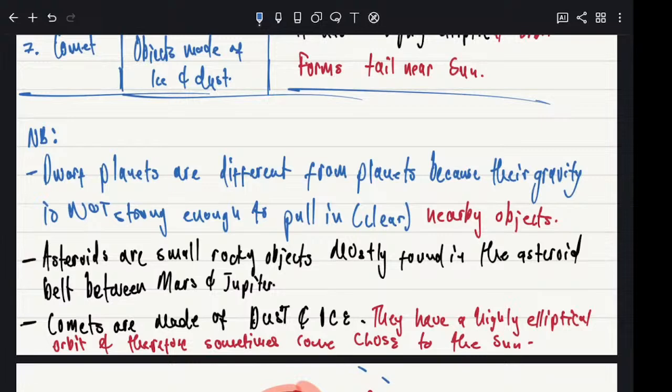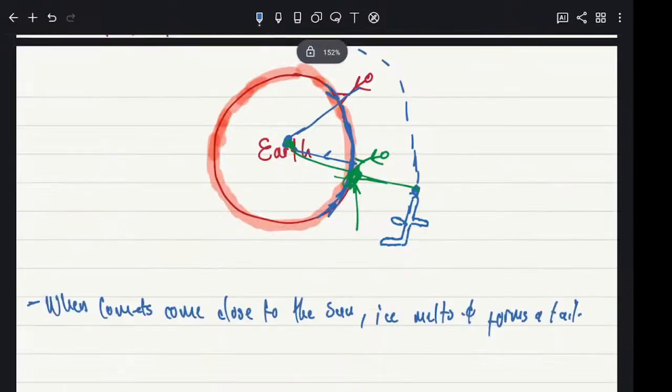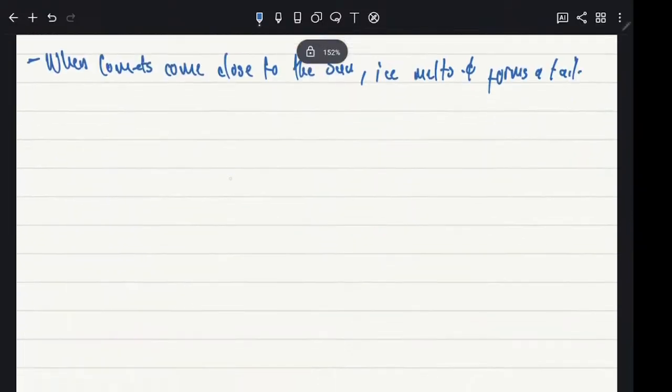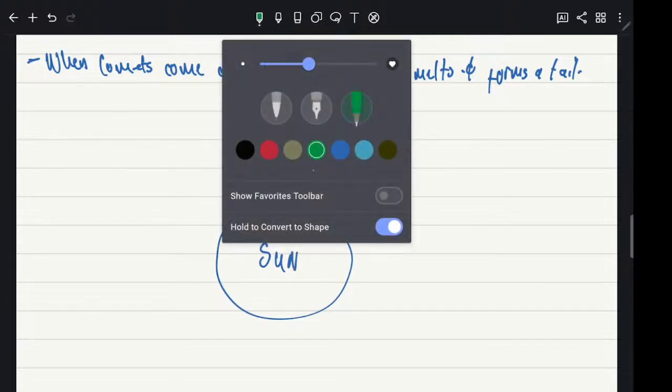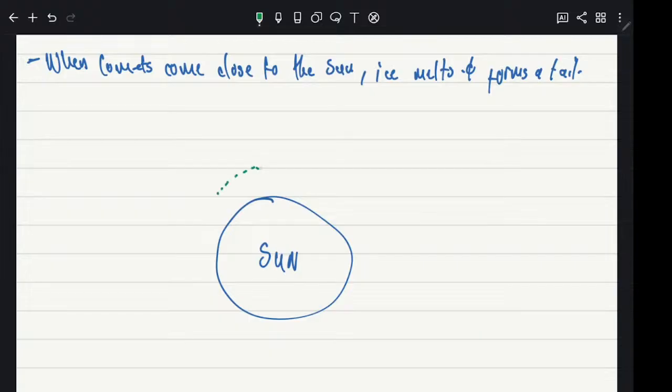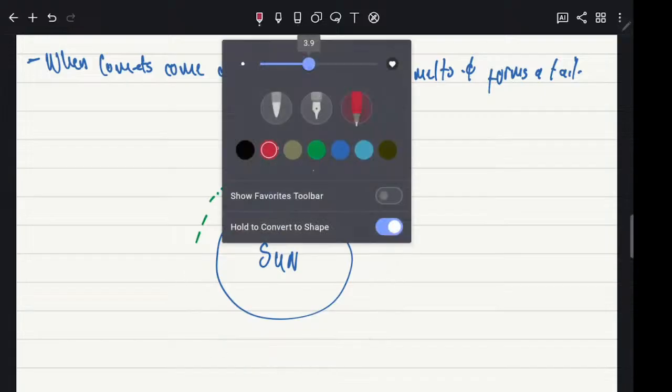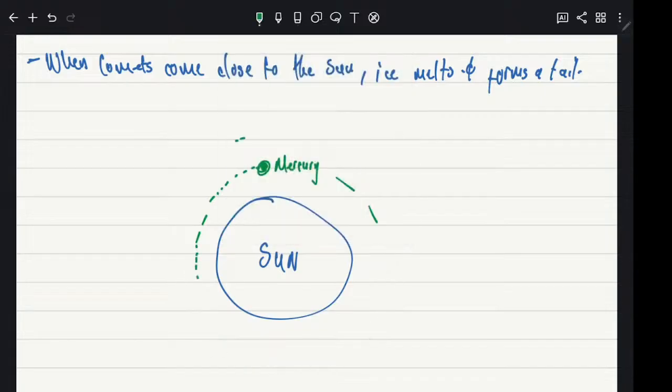Yes. Highly elliptical, we said it's like this. Here you have the big sun. And then Mercury. Let's keep it nice.